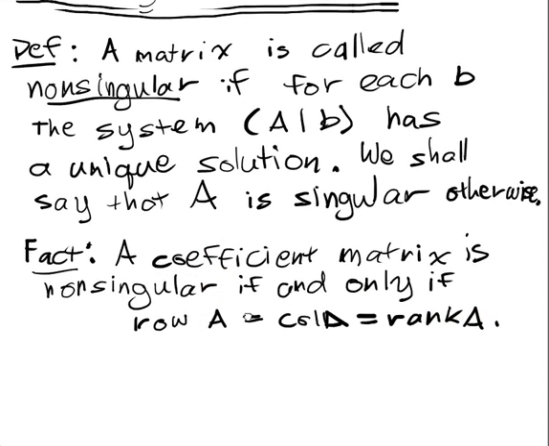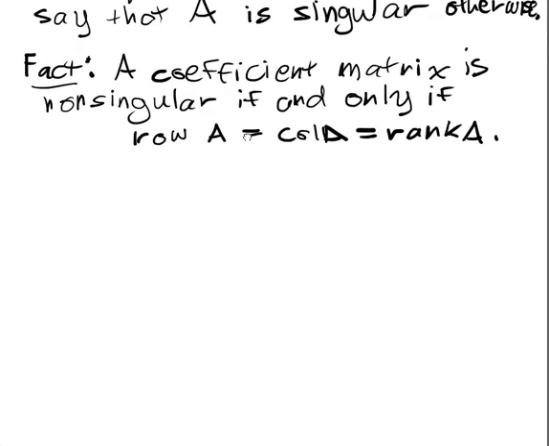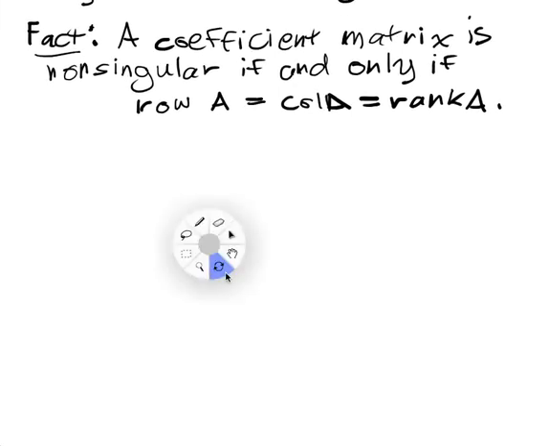And if that happens, then you have non-singularity, which is the same thing as having a unique solution for any augmentation. So let's prove this fact. And with our previous facts, this is a really quick proof.